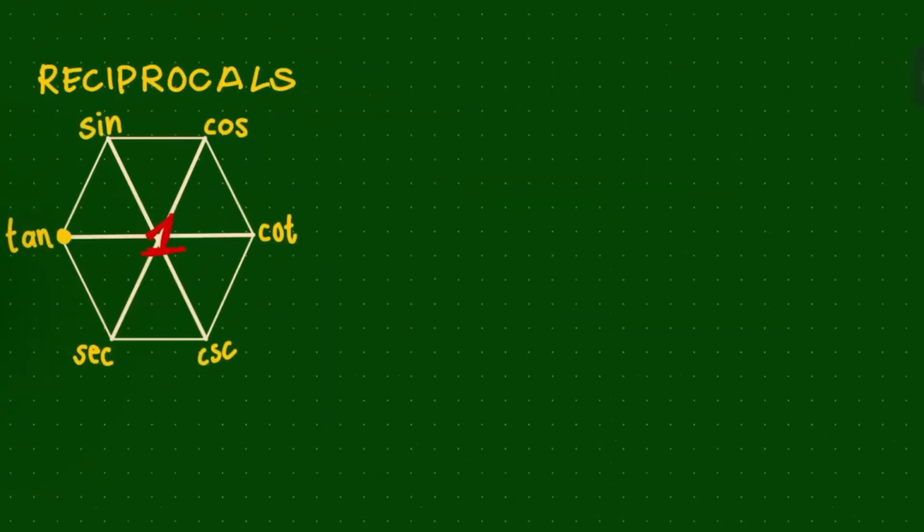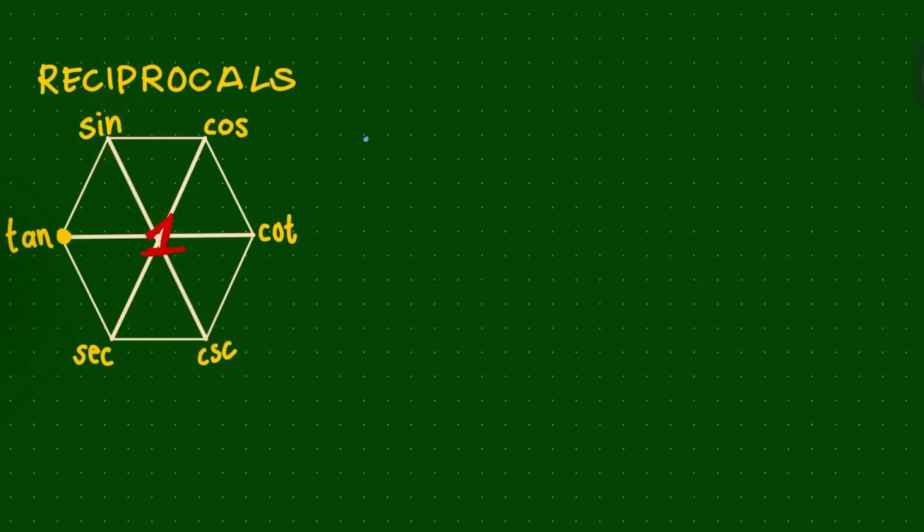We're still keeping the super hexagon, but in a different process. Now, the direction we're going to is towards the opposite, but in a one direction manner. So what we do is, we start with sine, go to 1, divide it with the one in front of number 1. So it's cosecant.